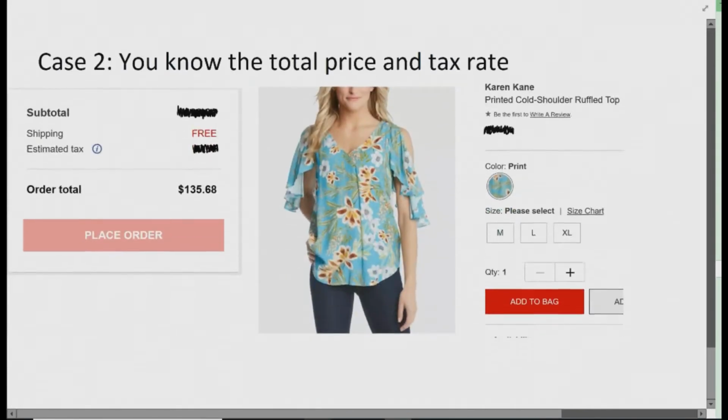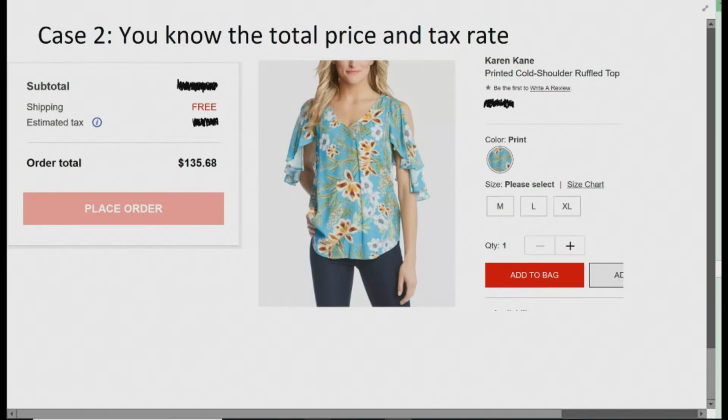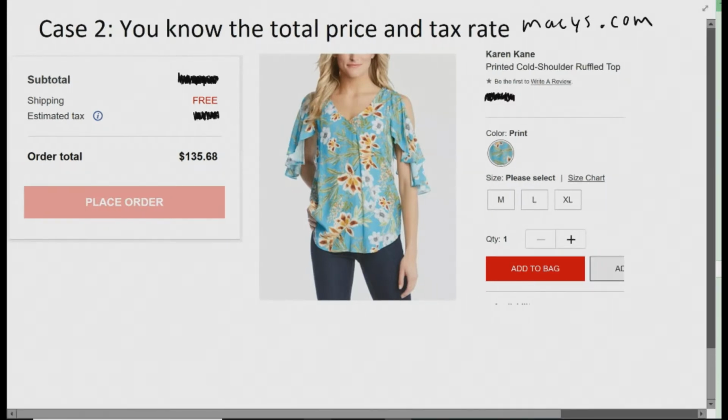Now let's take a look at the second case, and I have myself a little example from Macy's.com. I went to look for a bunch of blouses, and I really enjoyed this one, the Karen Kane printed cold shoulder ruffled top. And I thought this was pretty nice. So let's take a look at the situation over here.